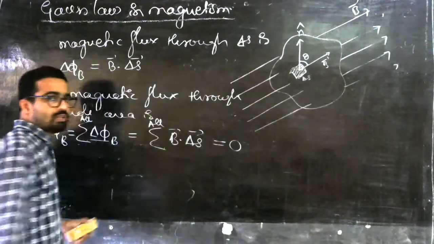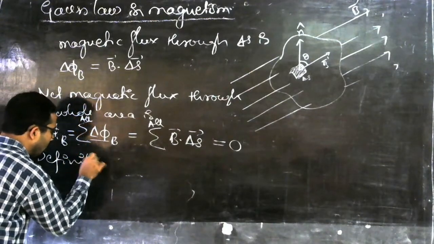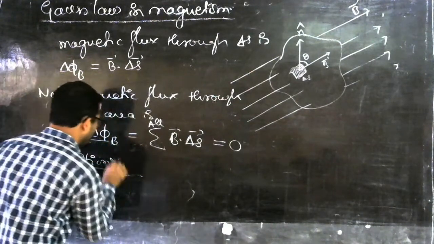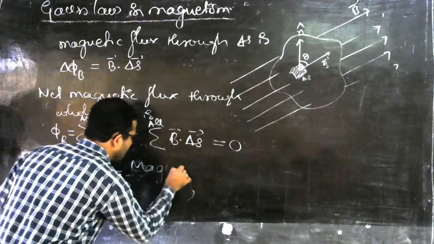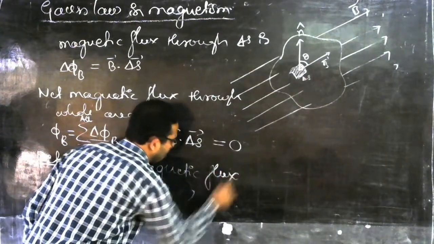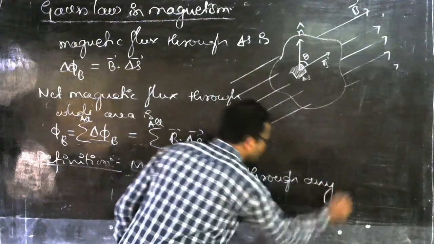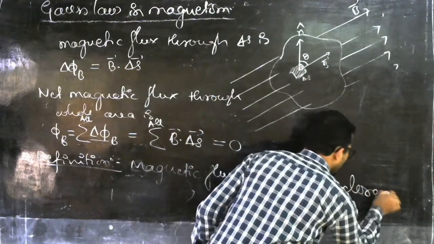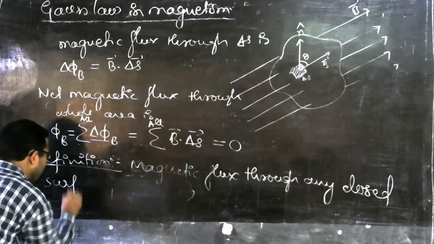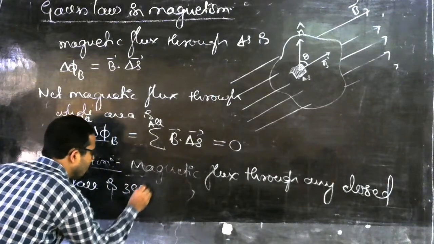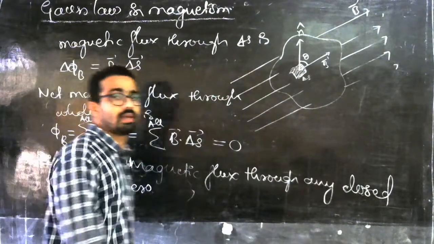So let me write the definition for this. Definition: for any closed surface, the net magnetic flux through any closed surface is 0.